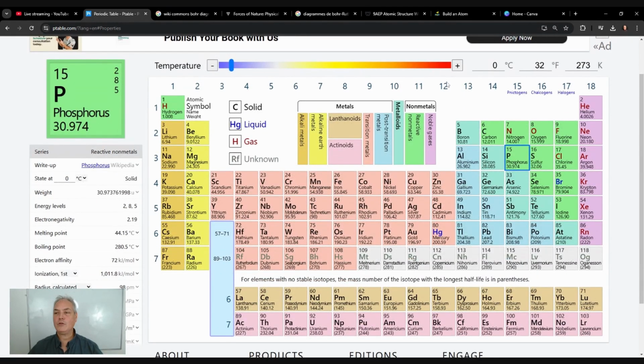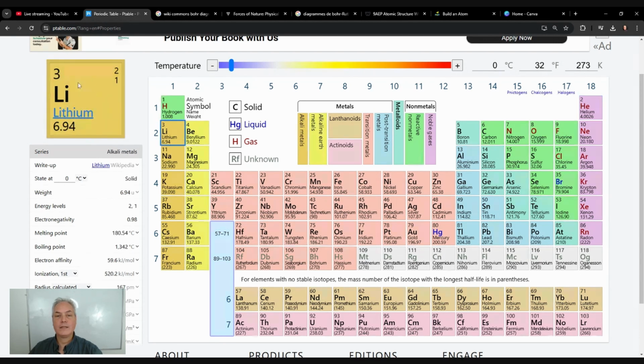So when you look at this overall table, there are a few things to look into. First of all, let's look at the atomic number. Here I have hydrogen, and if you look here, I have a 1 in the upper left corner. If I do helium, I have number 2.